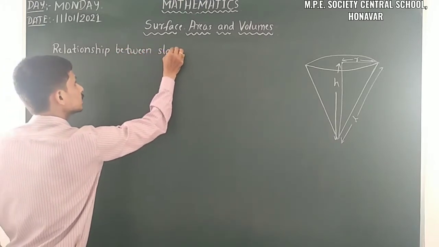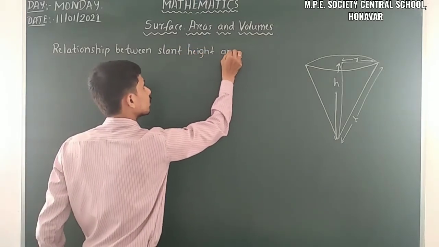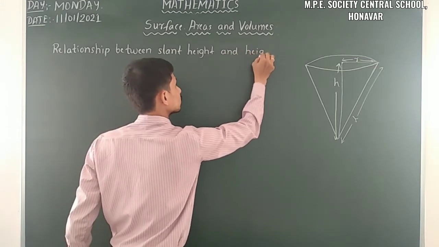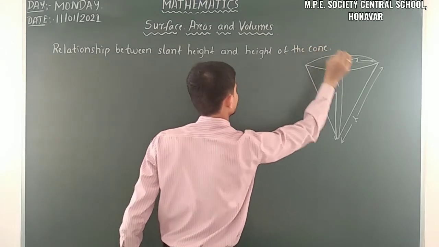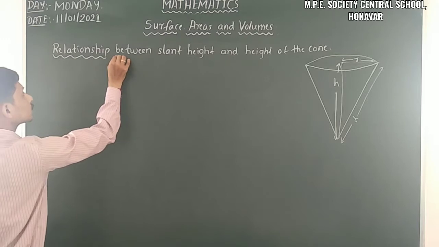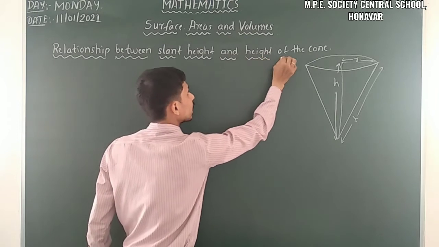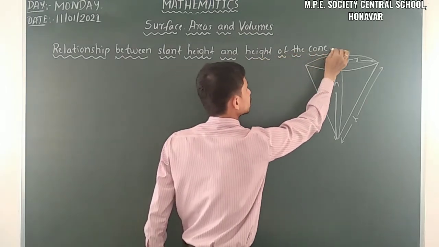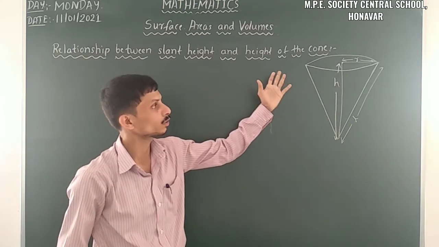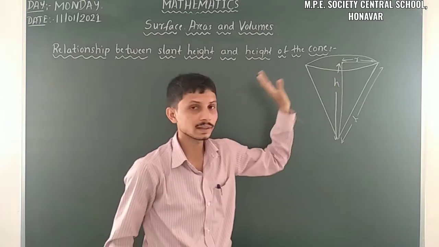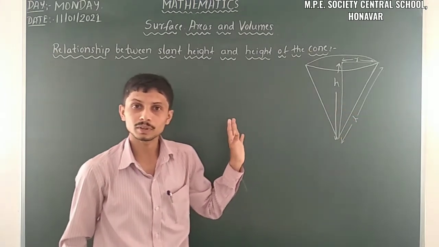This thing we have to know here, and then based on this we will solve some problems. When the height of the cone is given and the radius of the base circle is given, how do we find the slant height? That we have to know here.